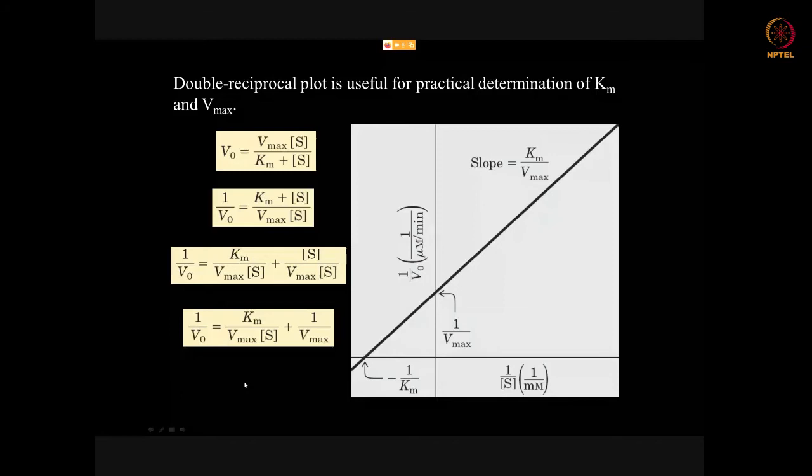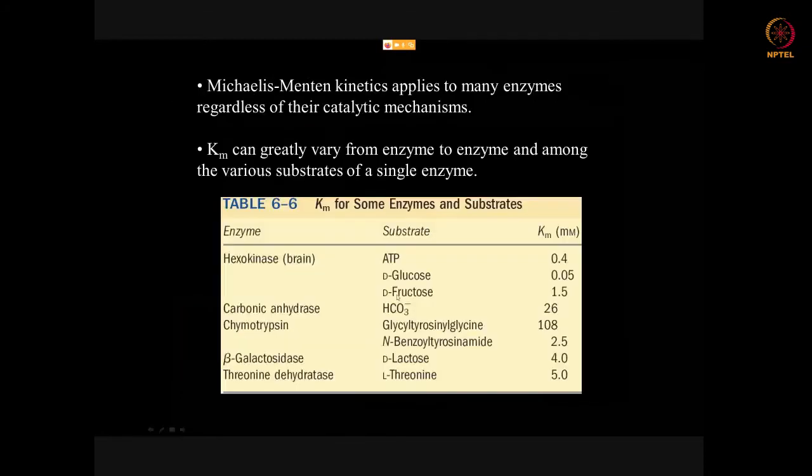So now let us look at what the Km and Vmax can tell about an enzyme. Before going into that, here is one small discussion. Michaelis-Menten kinetics applies to many enzymes regardless of their catalytic mechanisms. That actually is the limitation as well of this steady state kinetics.